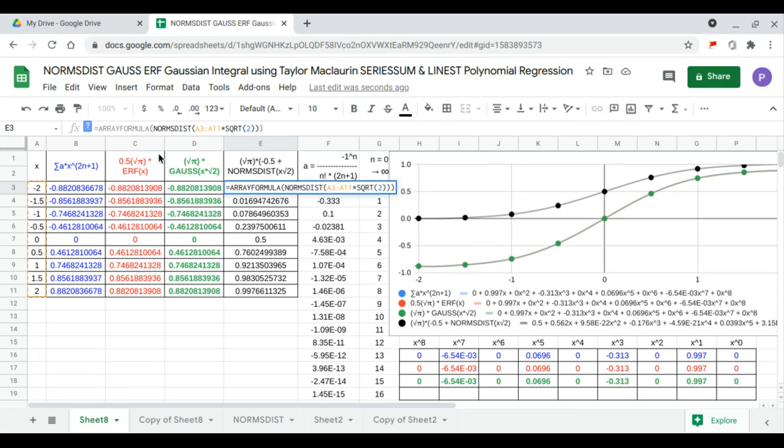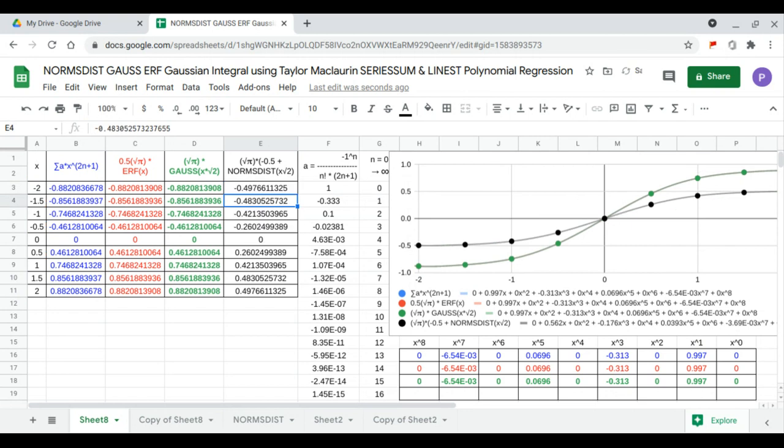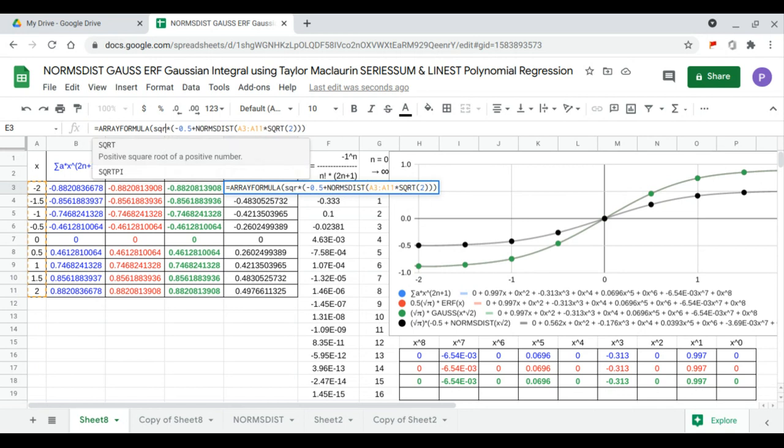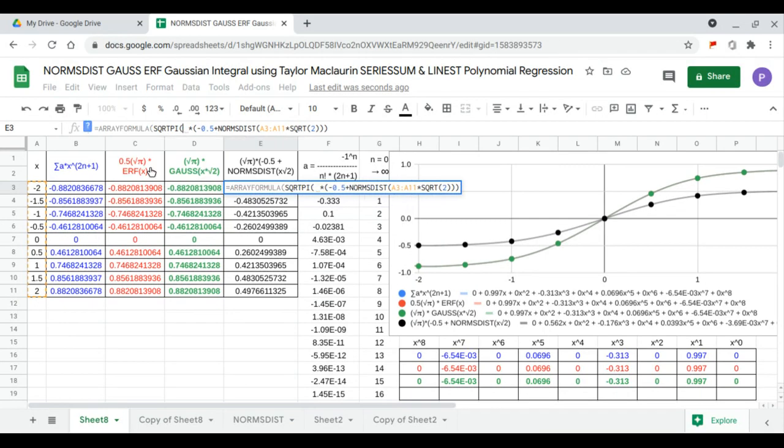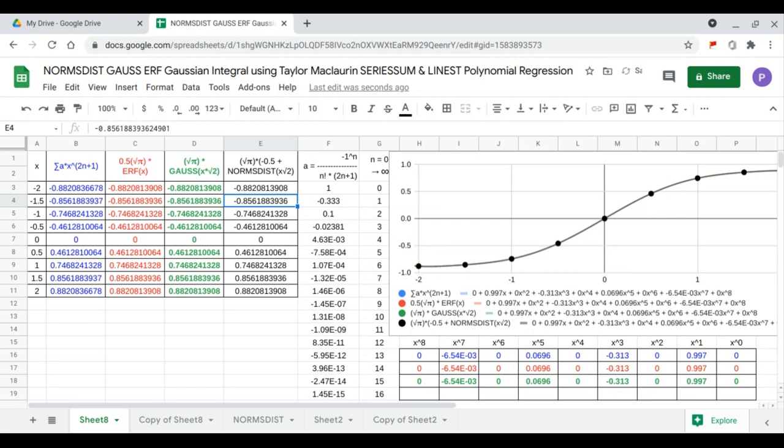So minus 0.5 plus NORMSDIST. We're getting close. Then multiply square root of pi to the quantity. Enter. They're all on the same trend line.